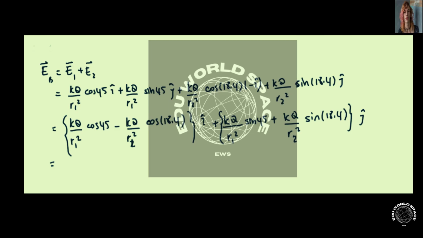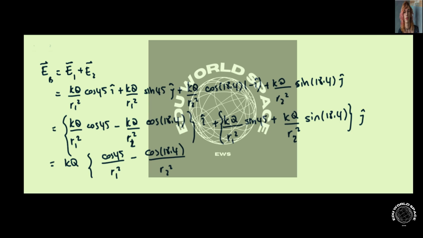So here we have kq. We can take this out and write this as cosine 45 over r1 squared minus cosine 18.4 over r2 squared.